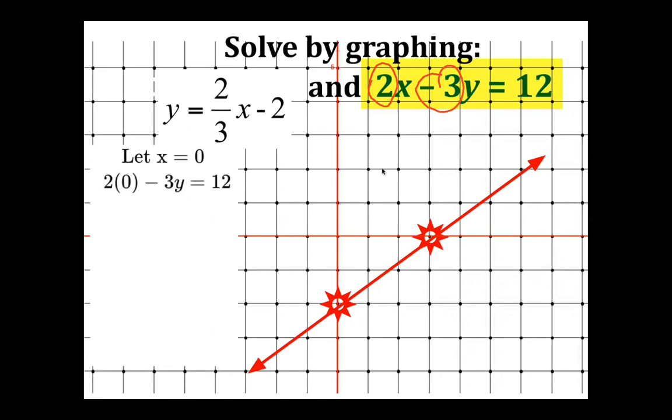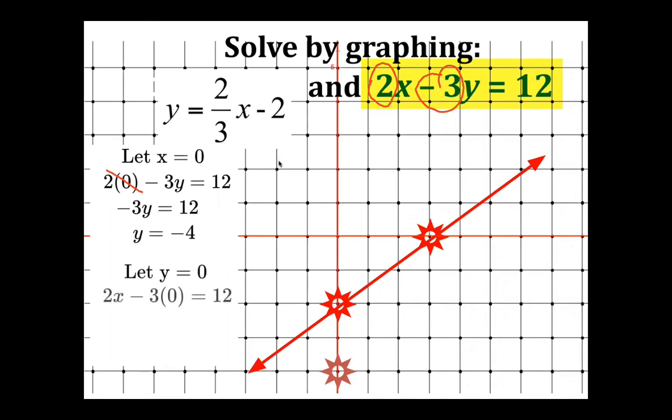That would give me 2 times 0 minus 3y equals 12. 2 times 0 just cancels out, so you're left with -3y equals 12. Divide both sides by -3, and now you have y equals -4. You can go ahead and plot that on your plane at y equals -4, and now find your x-intercept by letting y equal 0.